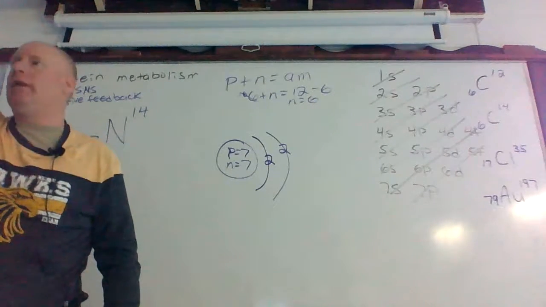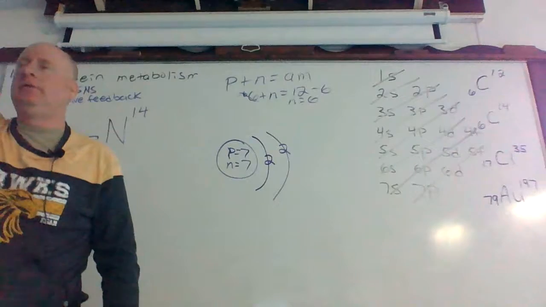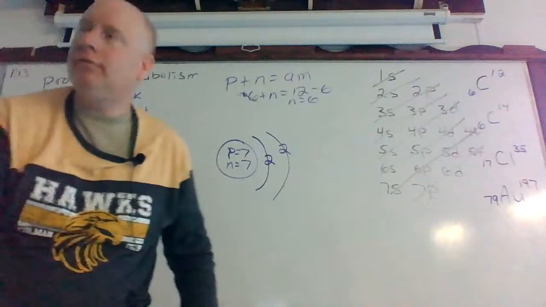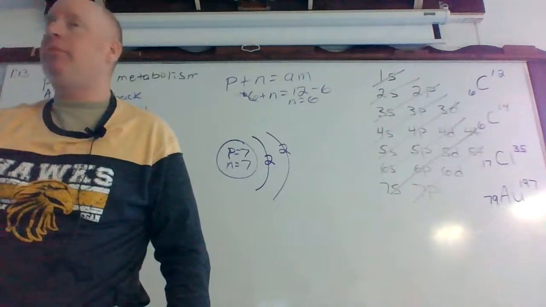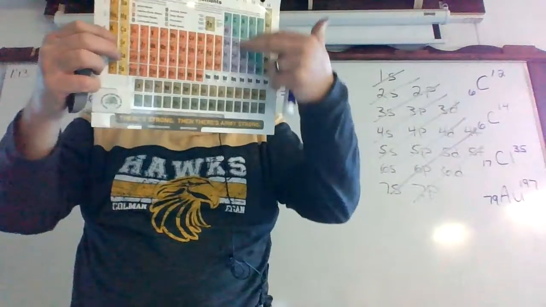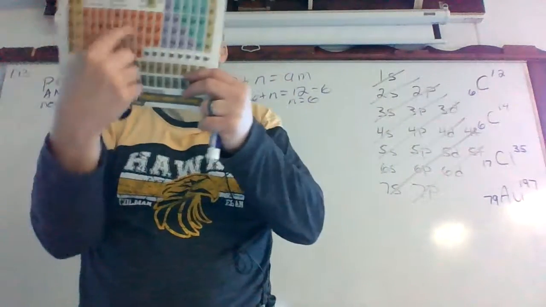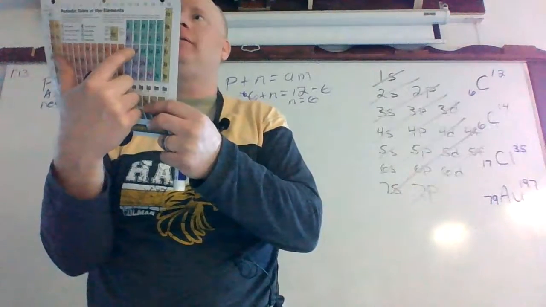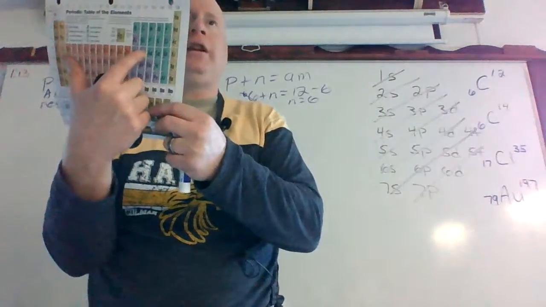Who's lost already? Okay? So when you look at the P block, this is the P block over here, right? What column is nitrogen in the P block? 3.